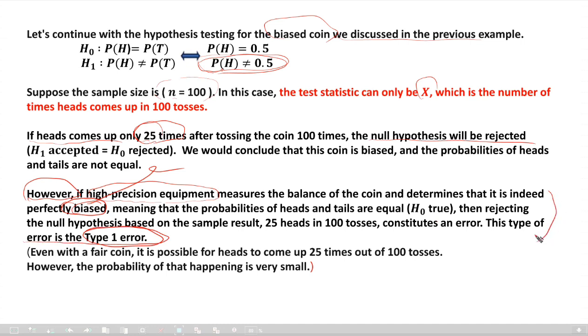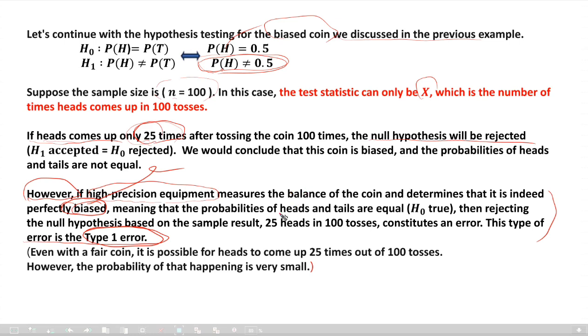Do you understand this? By some very precise equipment, the coin is fair, but the sample result is 25 heads out of 100 tosses. Then we reject H0 and say it is biased based on the sample. But it is really a very unbiased coin.